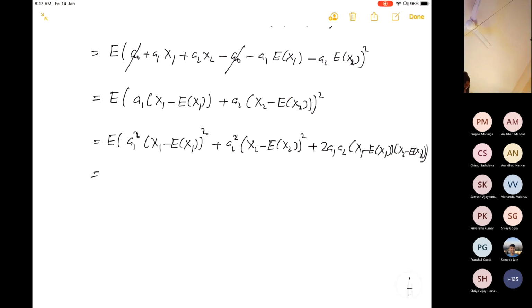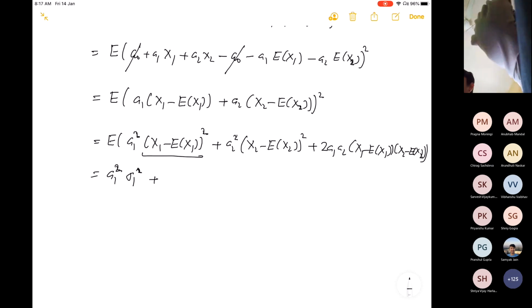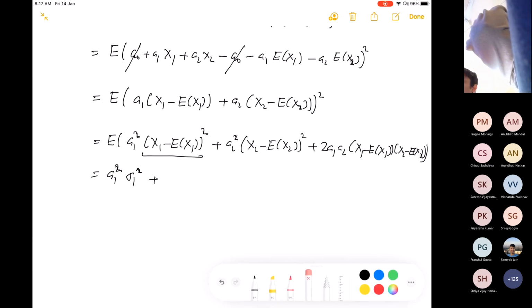So this will be a1 square times the expectation of this value. If I take the expectation of this value, what will we get? Variance of x1. Yes, so this will be variance of x1. So that will be sigma 1 square, I can write down. You can write down variance of x1 also if you want.